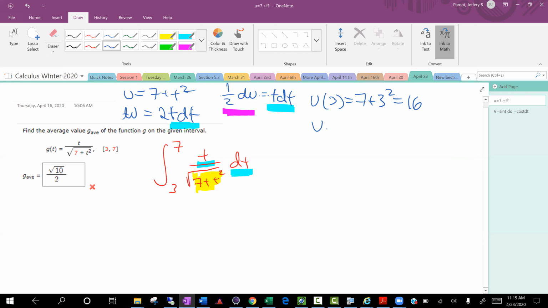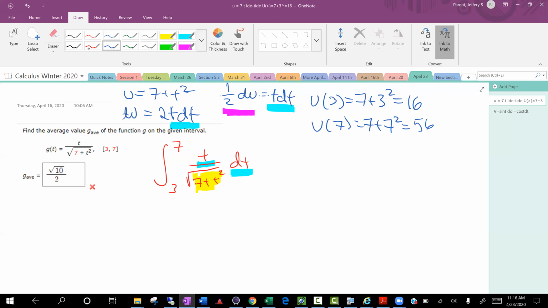And u of 7 is going to be 7 plus 7 squared. Is that right? Yep. 7 squared, which is going to be 56. Kind of disappointed. I thought I'd figure out something that worked out pretty nice, but apparently not. Okay, well, let's keep going then.